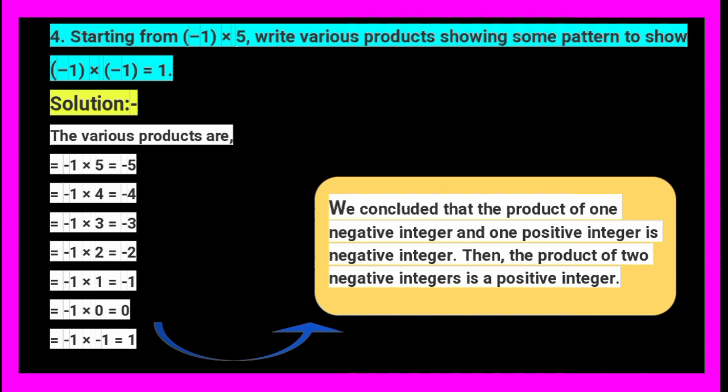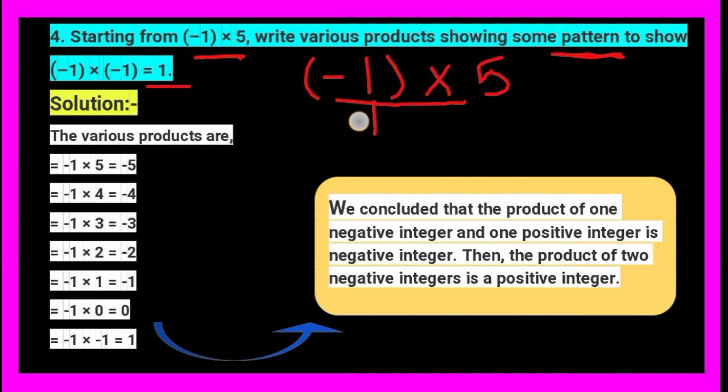That means you have to start from this multiplication, minus 1 multiplied by 5, and you have to repeat this pattern until you reach this one.